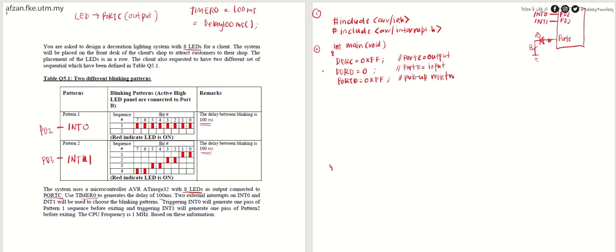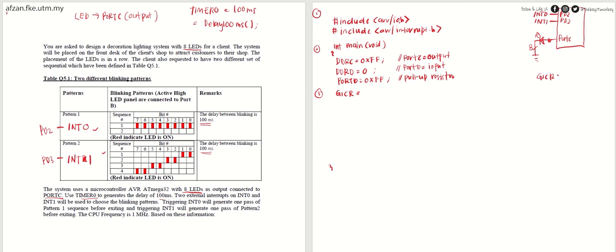Step number three, you need to enable your interrupt register. How to enable your interrupt register? You need to enable it at your GICR. What value do you need to put in GICR? Since you are going to use INT0 and INT1, recall back, this is your GICR.